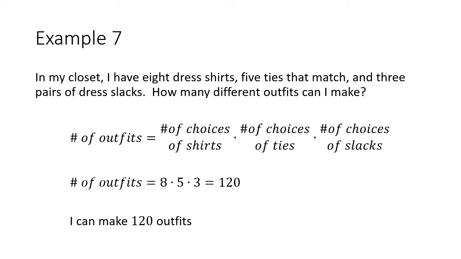So I have 8 shirts, so there's 8 ways I can choose my shirts. I have 5 ties, so there's 5 ways I can choose my ties. I have 3 pairs of slacks, so 3 different ways I can choose my slacks. I just multiply those numbers all together. 8 times 5 times 3, I get 120, which means I can make 120 different outfits. And so, again, multiplication is really the key here with most of our counting techniques.